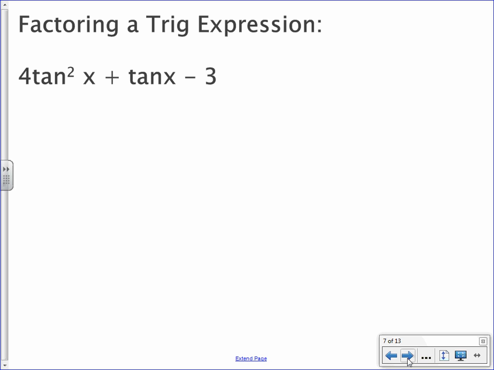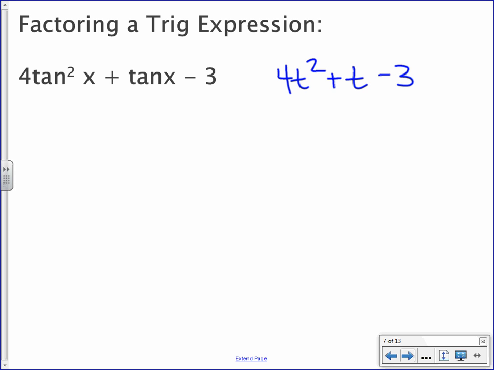Right? Okay. We have a trinomial. 4 tangent squared x plus tangent x minus 3. If you need to, off to the side, write it as like 4t squared plus t minus 3 and factor it that way, and then come back to this, that is fine.